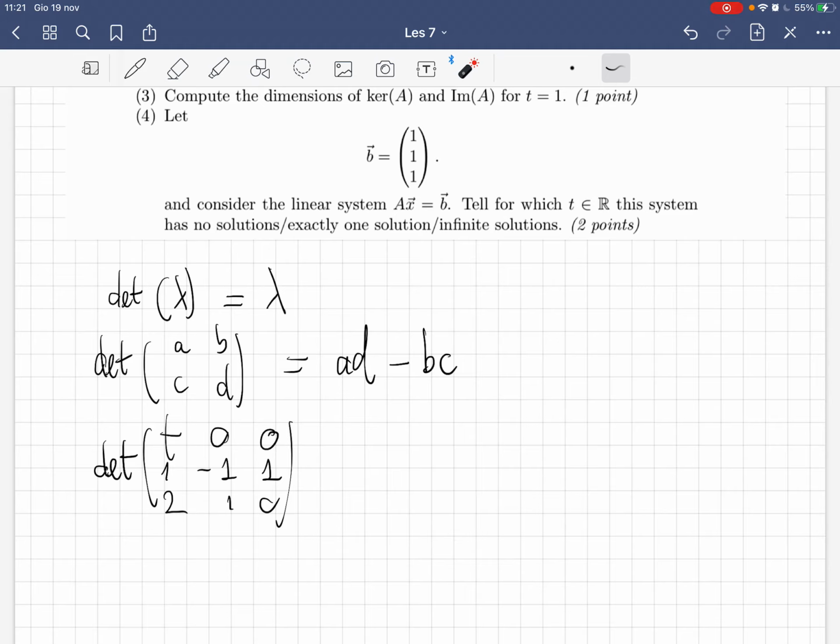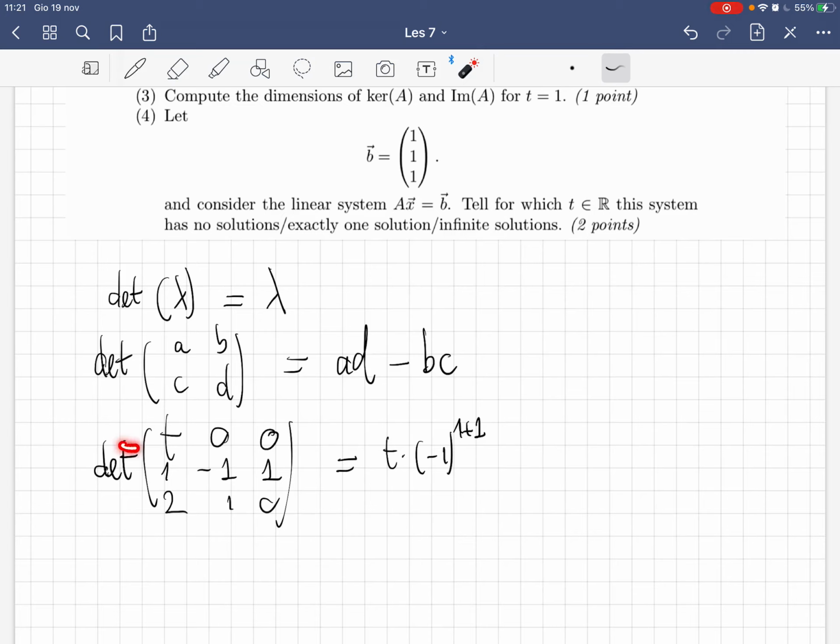So the idea is that you can compute the determinant this way. First you put t times minus 1 to the 1 plus 1, where this gives the row index and this gives the column index.